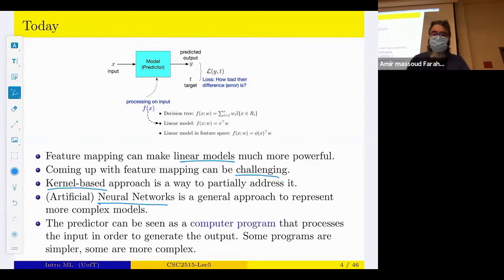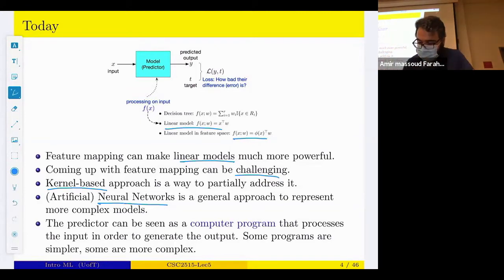Okay, so maybe I have another comment here. You see that we have these linear models, which do some processing on the input, and the processing is very simple: taking the input, multiplying by some weights, and then producing the output.